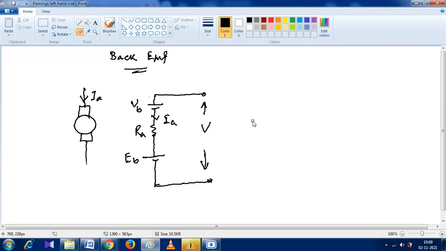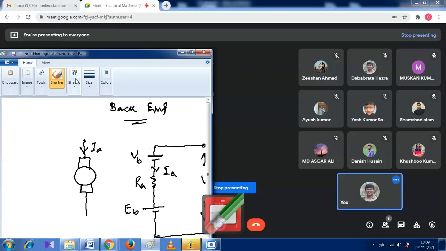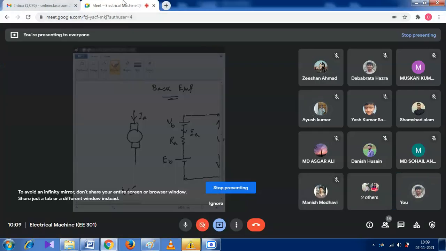If we apply Kirchhoff's voltage law, what do we actually get? Applying KVL, V is equal to VB plus IARA plus EB.